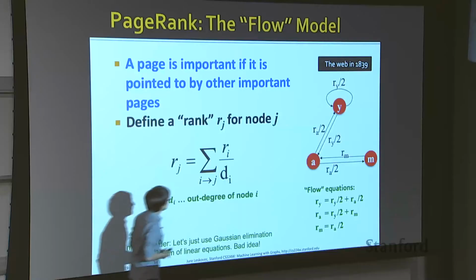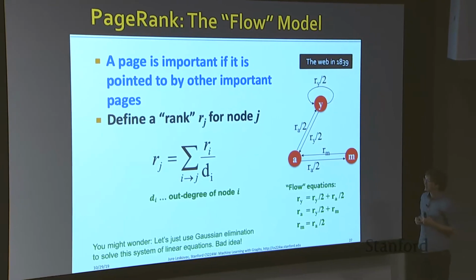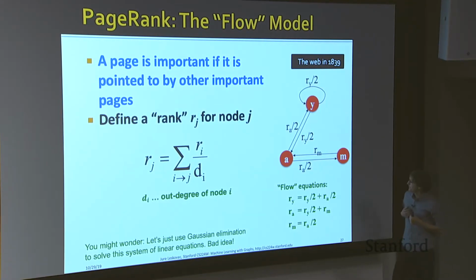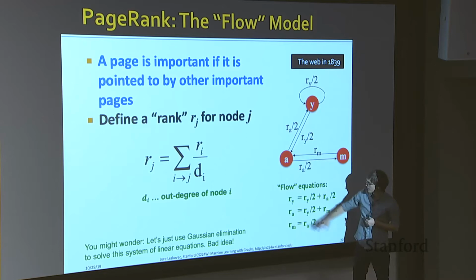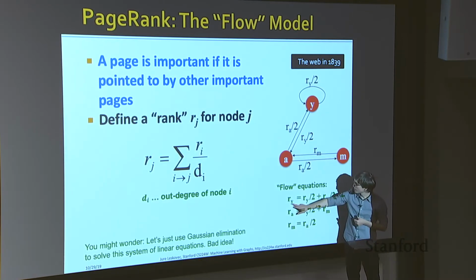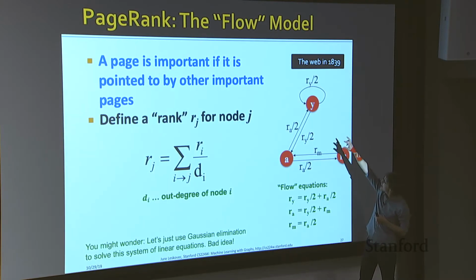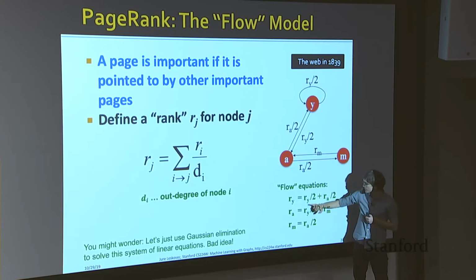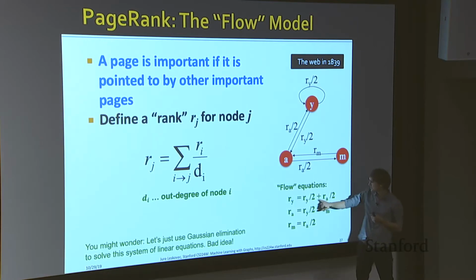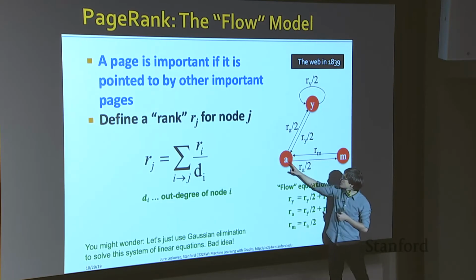To give you an example, I'll be using this running example from when the web was very young with the 3 websites. And you can guess what they mean, right? The idea here is that each of these guys has an importance, right? y, a, and m, right? And the importance of y, because y has a self loop and it has 2 outgoing links, is half of its own importance plus half of the importance of node a, because node a has 2 outlinks, right?